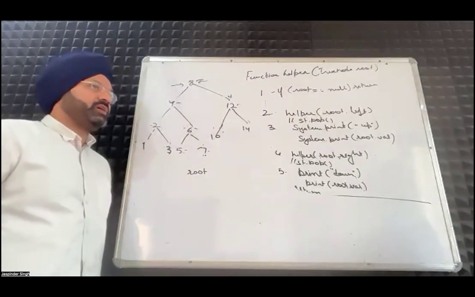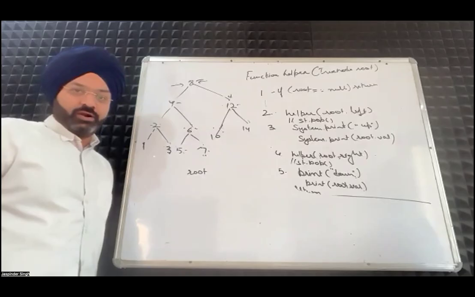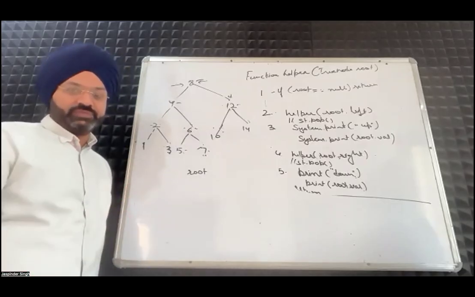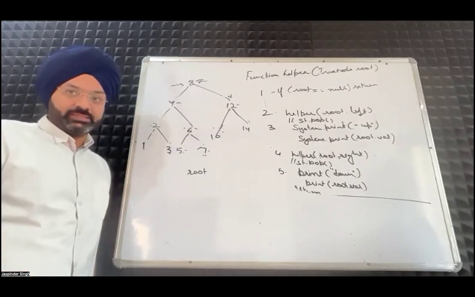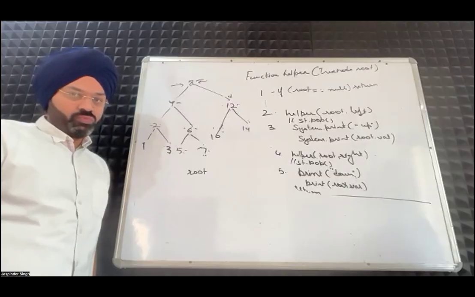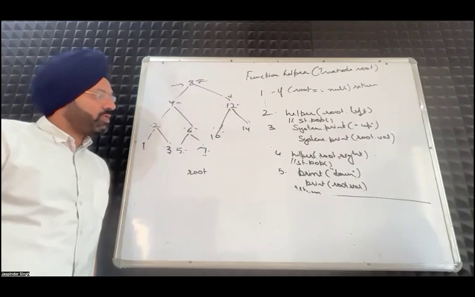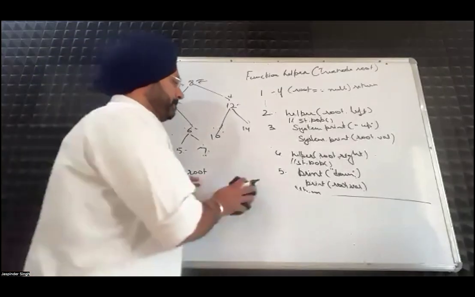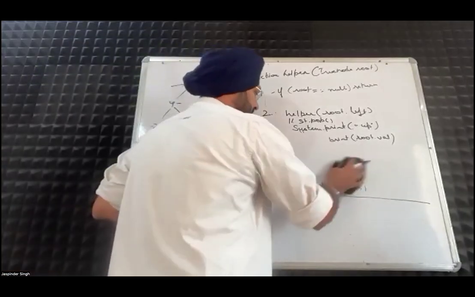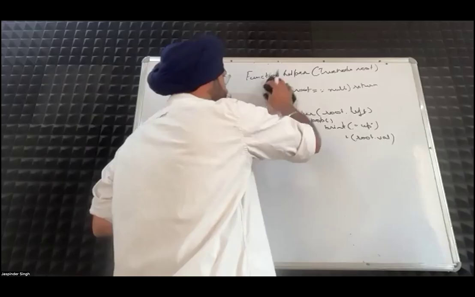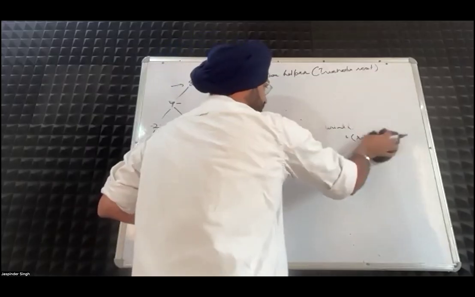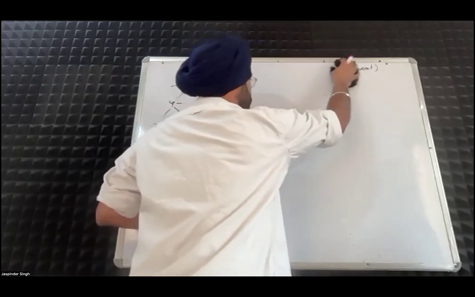Okay, let me modify my question. Can I do the in-order traversal without using the list, without storing the elements inside the list? Can we do in-order traversal without storing in the list? We want to print everything, right?